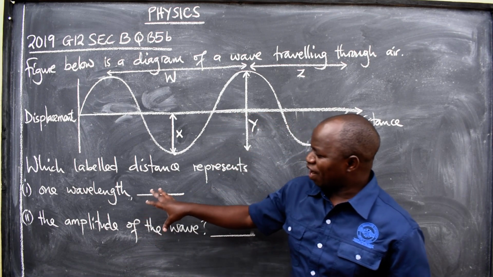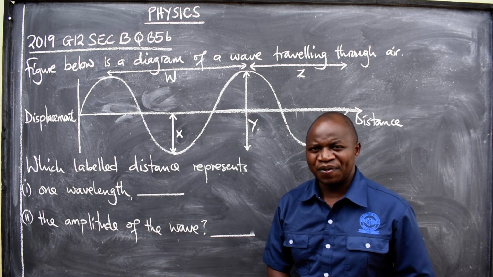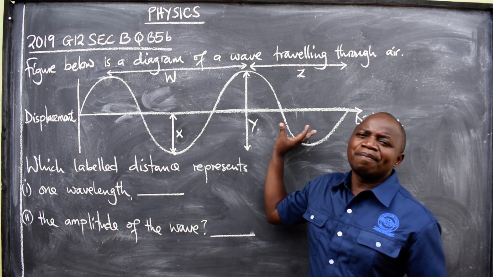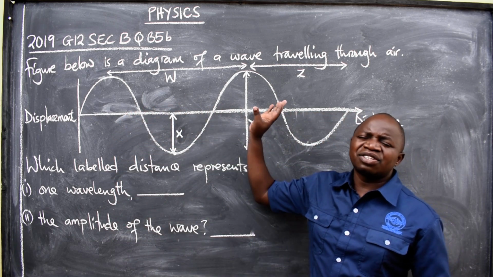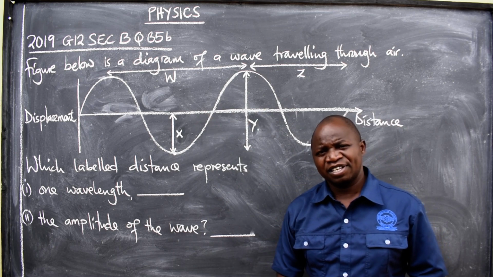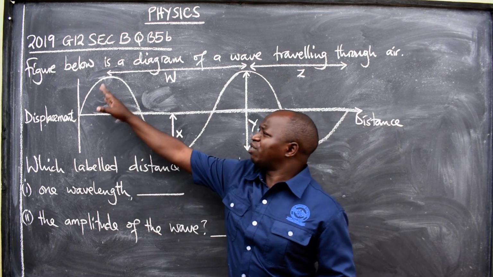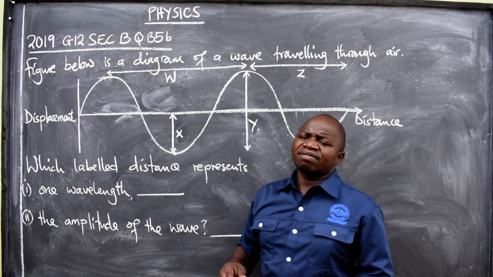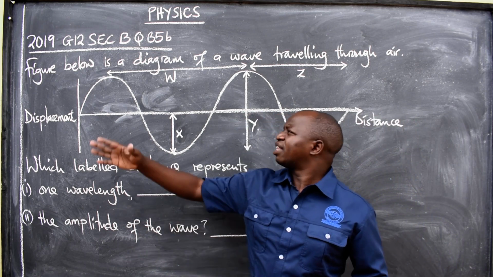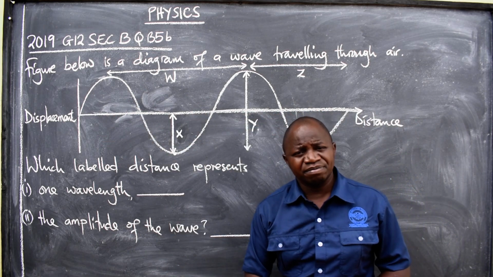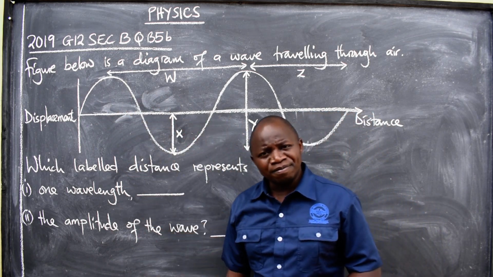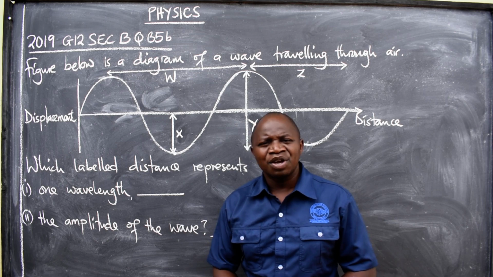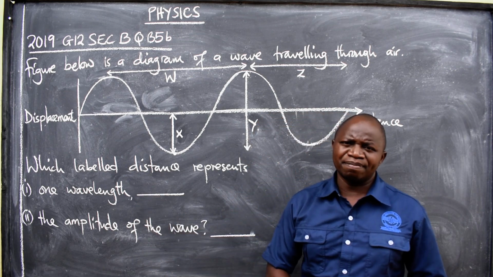Now, for you to answer this question very well, you need to label this wave. This is a transverse wave. You need to know that. Whenever you see something like this, it is a transverse wave. That can even be a water wave. It has parts that you need to label and understand. Once you do that, these will be simple.